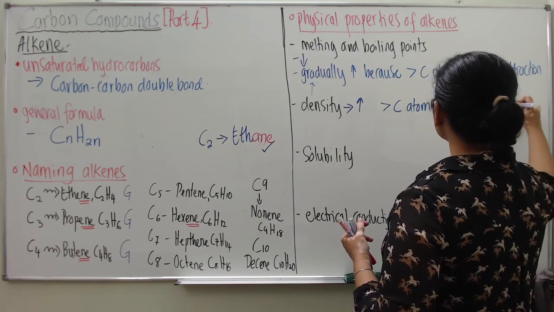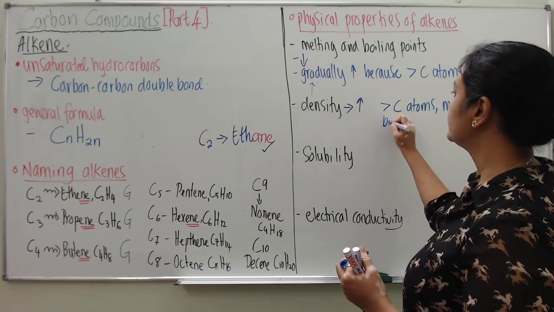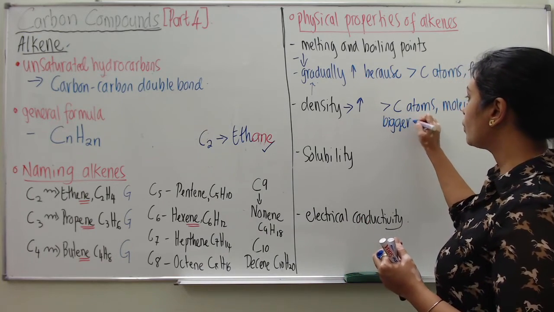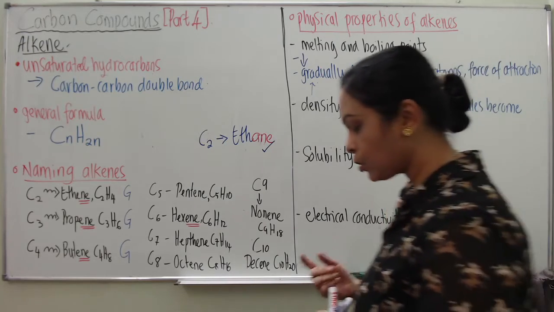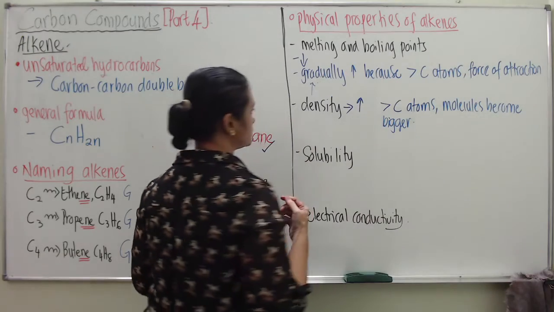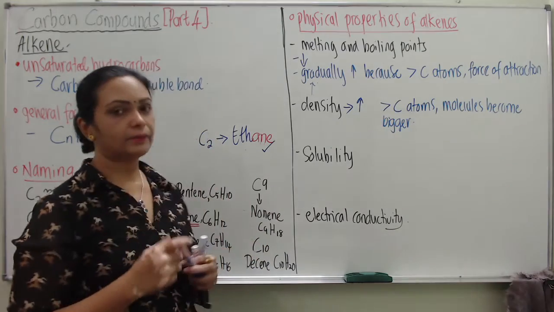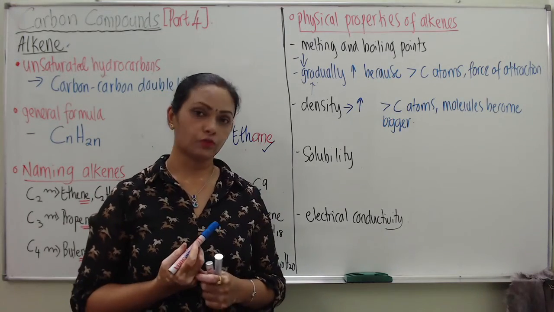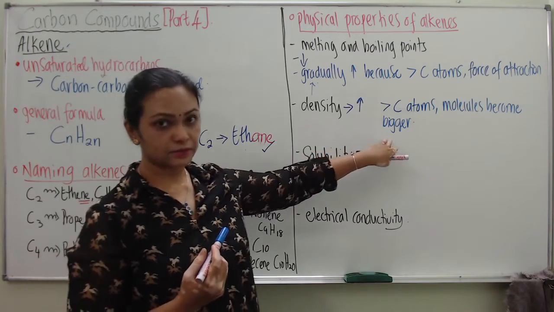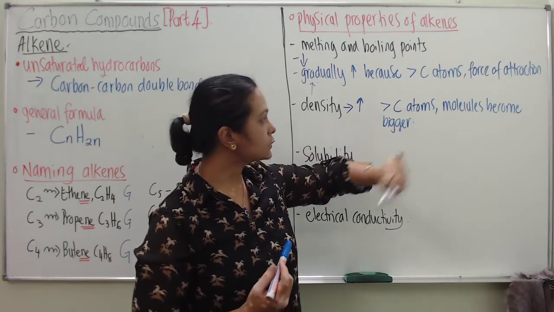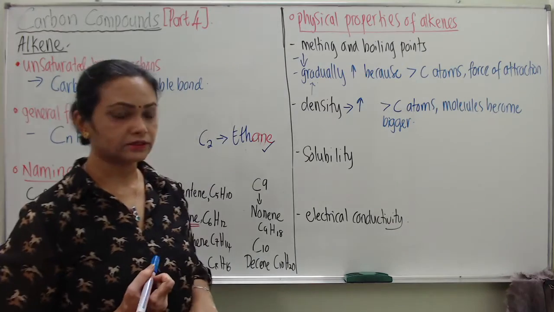Molecules become bigger. So that is the reason why we have more force of attraction between the carbon atoms. You can even say van der Waals force of attraction between the atoms mainly. So that is the reason why density increases.